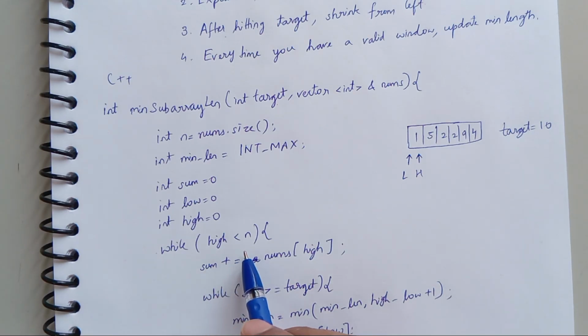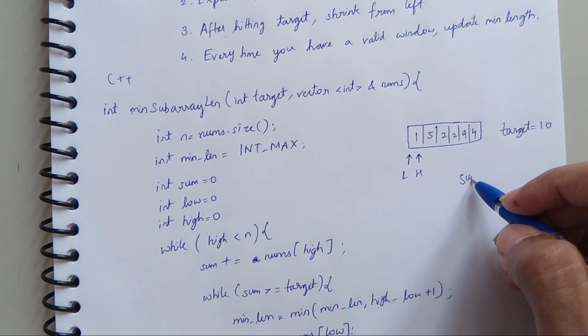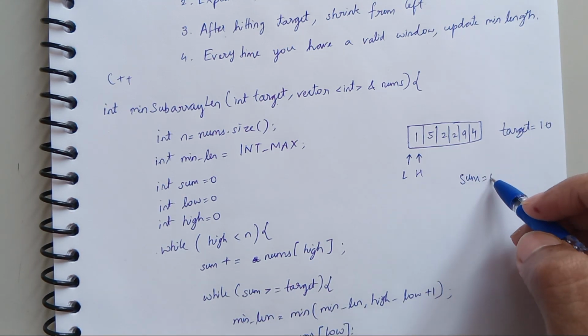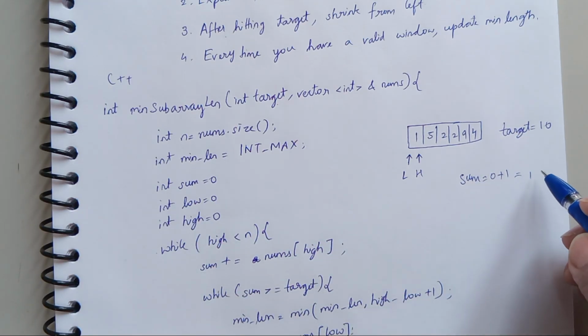So while high is less than n, we keep on increasing the sum. So sum is equal to sum plus nums of high. So here in the first step we will get sum as 0 plus 1. Initially sum was 0, so sum equal to 0 plus 1, which is 1.